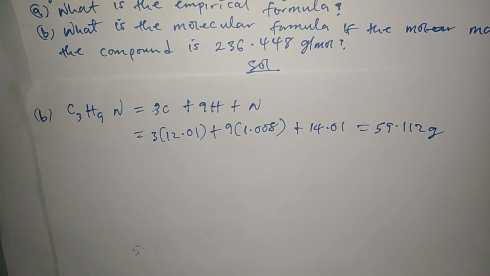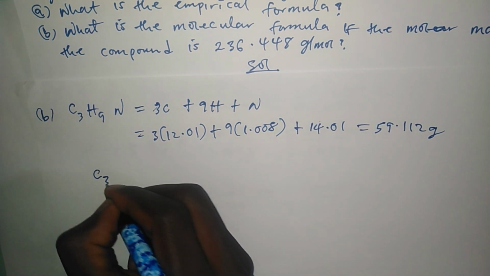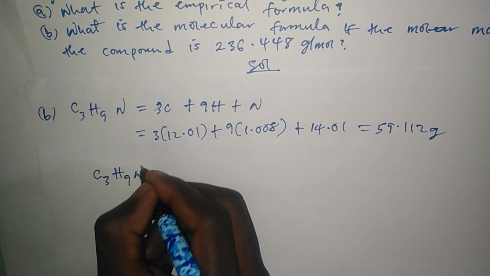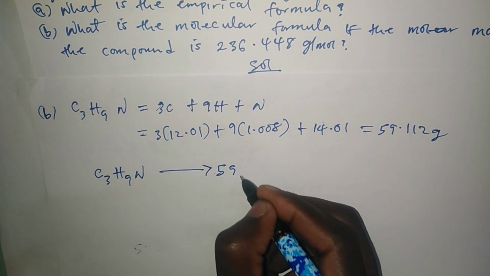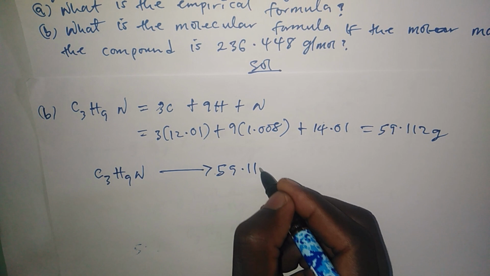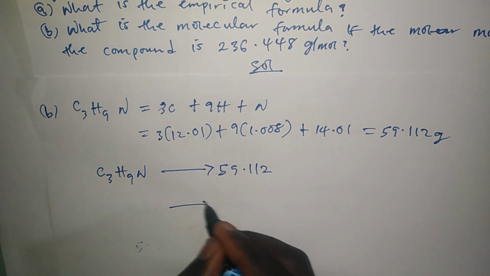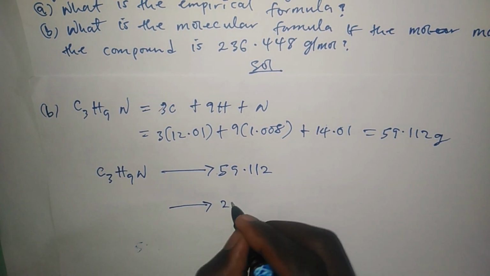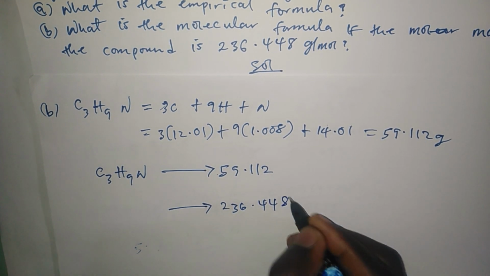Now since we've gotten the molar mass of the empirical formula, we say our empirical formula C3H9N has a molar mass of 59.112, right? Now for the compound, the molar mass of the compound, we know it to be what? 236.448, right?